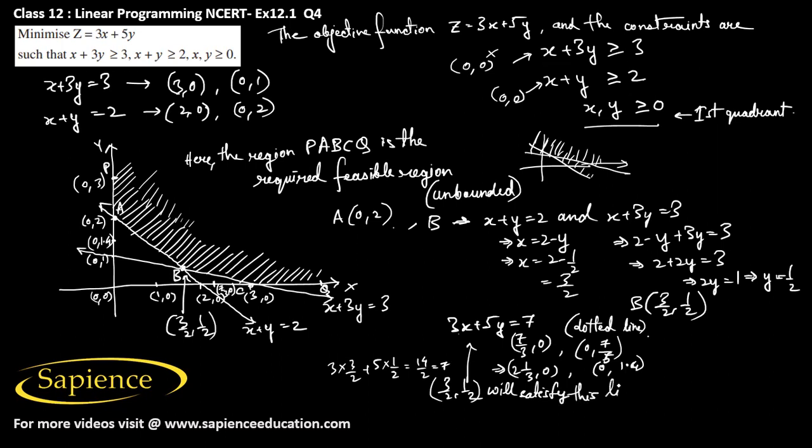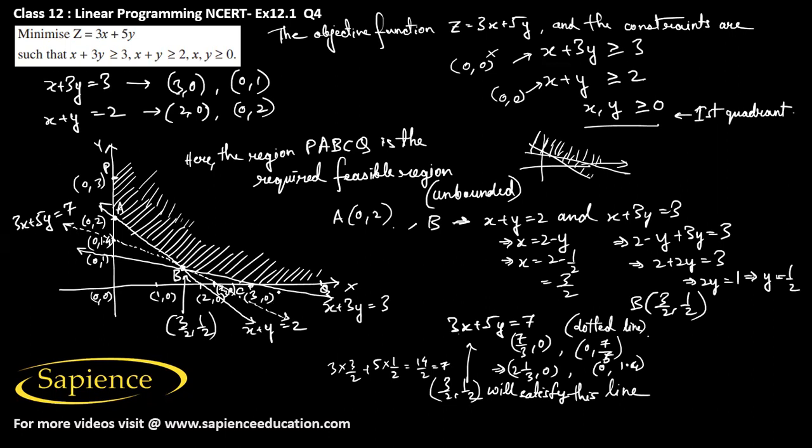We need to draw one dotted line which will pass through these 3 points. The equation of this line is 3x plus 5y equal to 7.